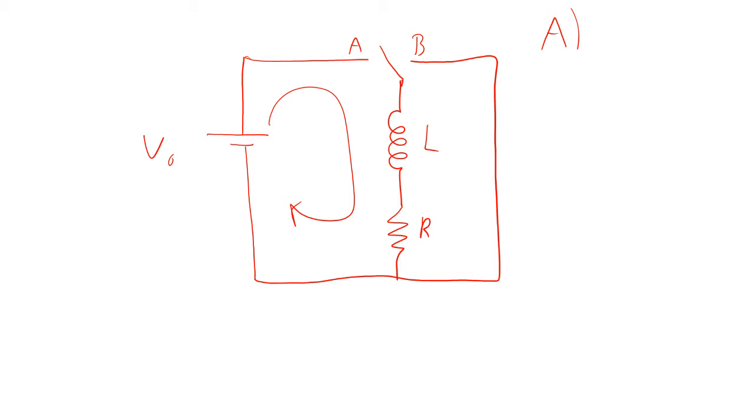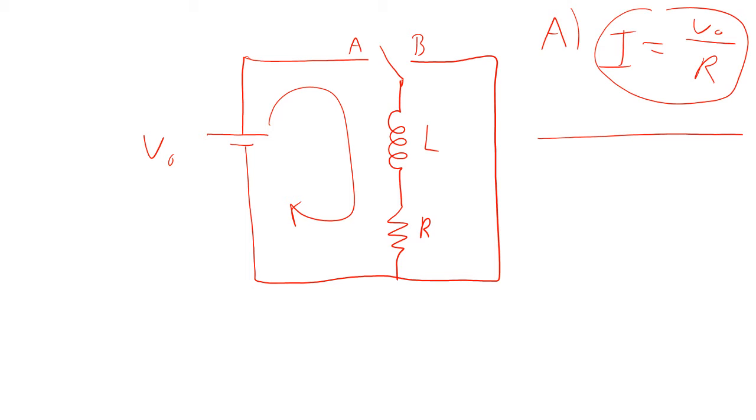Remember, it's basically just a coil that's a wire. And so all that we have is a voltage and a resistance. That means the current is going to be equal to V0 over R, the steady state current after a long time.